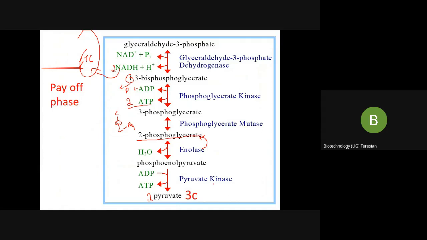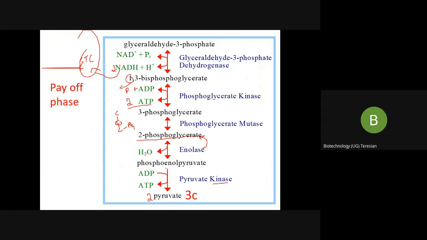So remember again kinase. Whenever kinase comes, remember that there is formation of ATP. So you see here, that is a phosphorylation reaction. Here you can see phosphoenol pyruvate, in the presence of the enzyme pyruvate kinase.